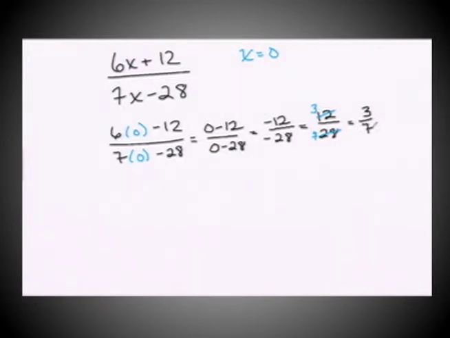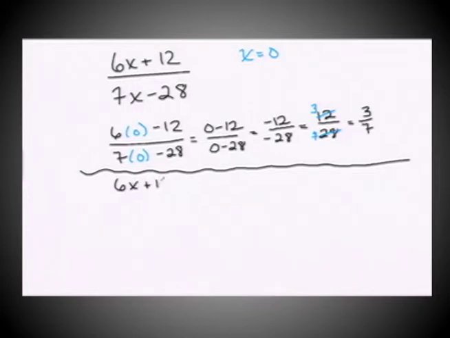No problems there. However, let's take a look at this same example, 6x plus 12 over 7x minus 28. And let's see what happens if I should choose to plug in the value x equals 4. So I come here and plug in 4 everywhere I see x.